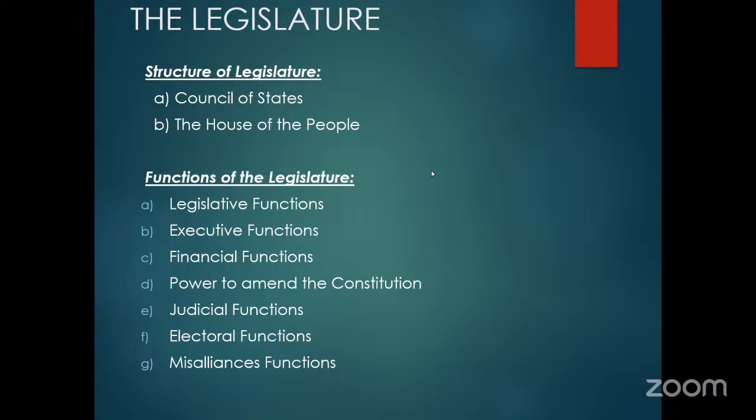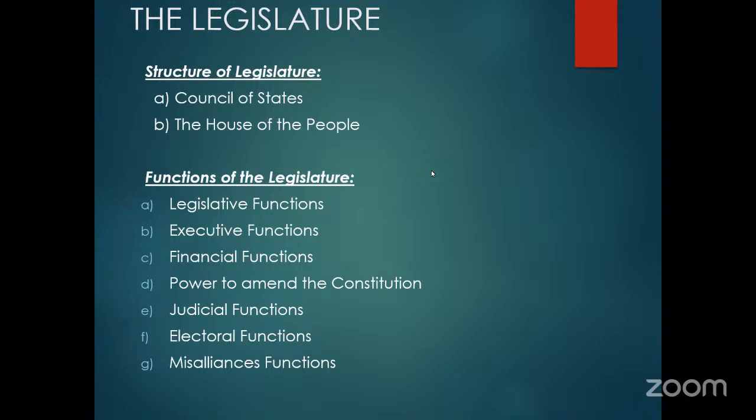Here the ministers will be collectively responsible to the parliament. In general we have already talked about it. In general the ministers are collectively responsible to the parliament, but in particular the ministers should be collectively responsible to the Lok Sabha. Keep it in mind. The council of ministers are collectively responsible to the Lok Sabha.